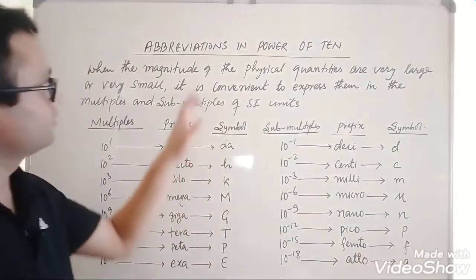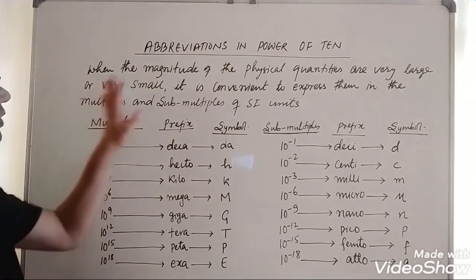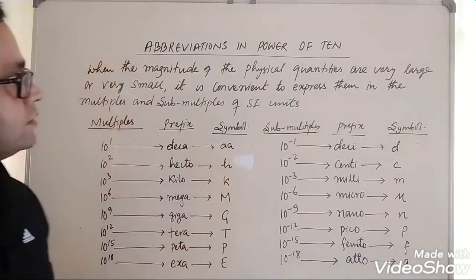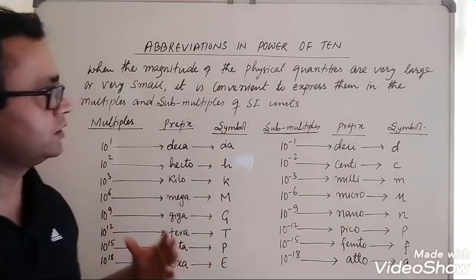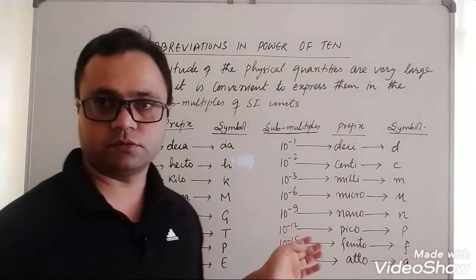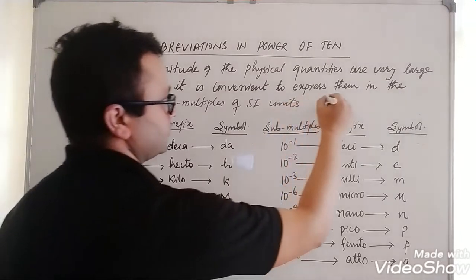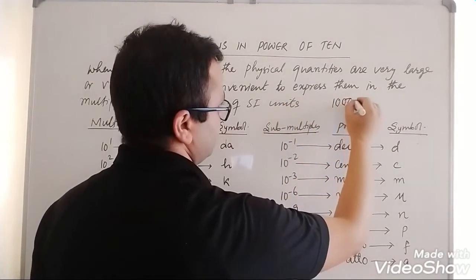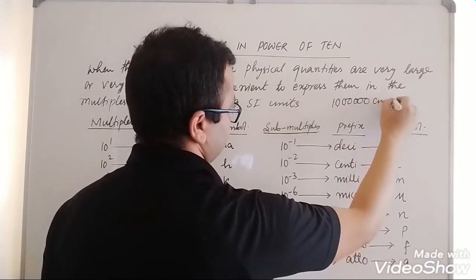Abbreviations in power of 10 are used when the magnitudes of physical quantities are very large or very small, so it is convenient to express them in the multiples and submultiples of the SI unit. Suppose you have 1, 2, 3, 4, 5, 6 centimeter.